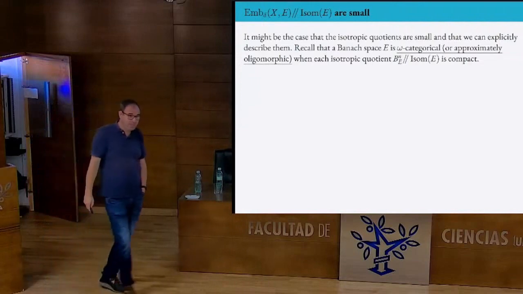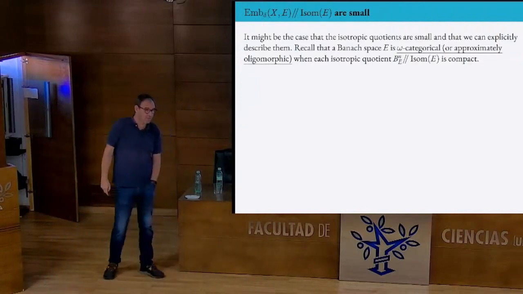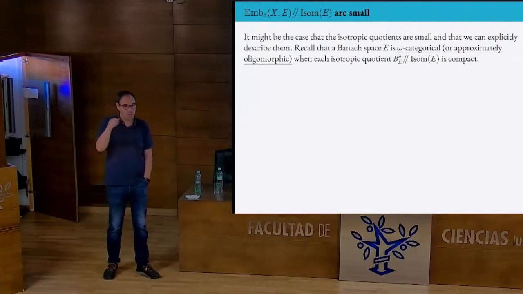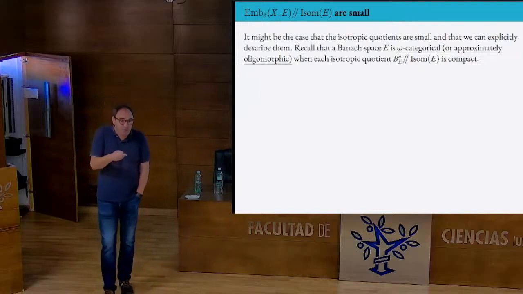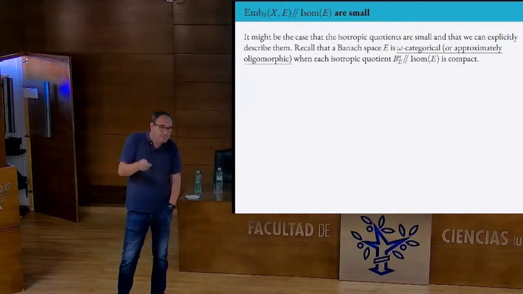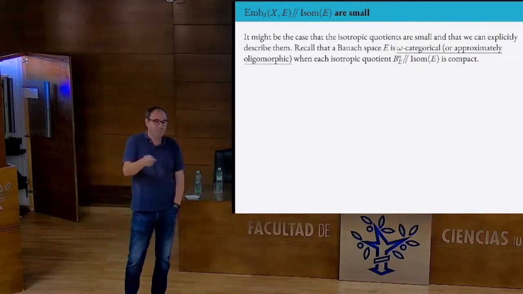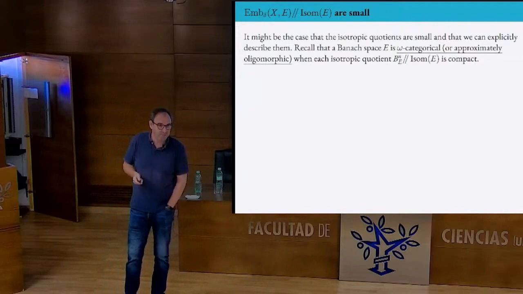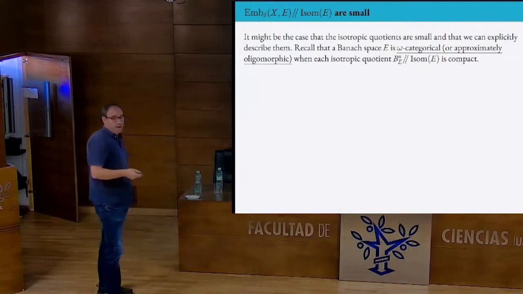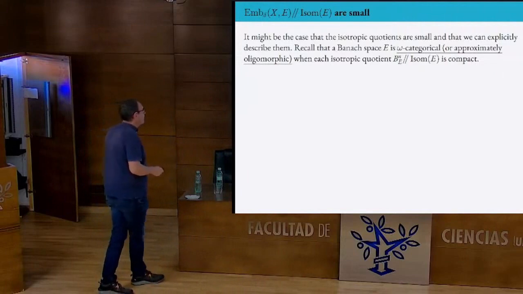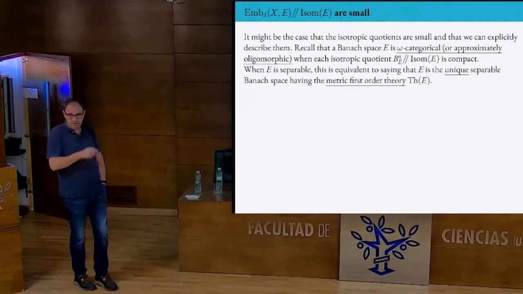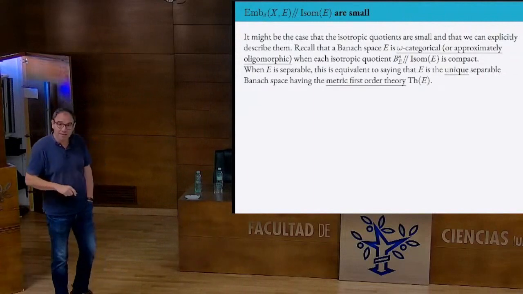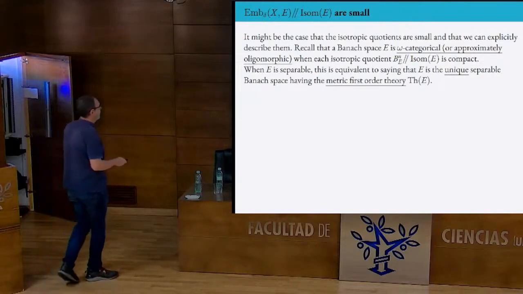Oligomorphic means literally, I guess, few forms, shapes, and this is more or less what it says here, right? n many points behave more or less the same. There are not so many possibilities for n many points, yeah? Up to an isometry, a global isometry. Okay, and this is where I'm going to go into metric model theory a little, 2 slides only, if I have time.